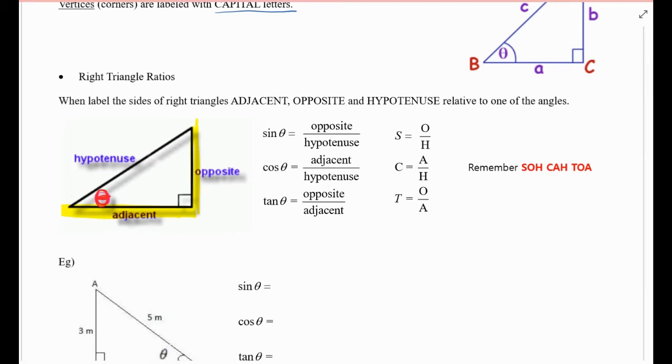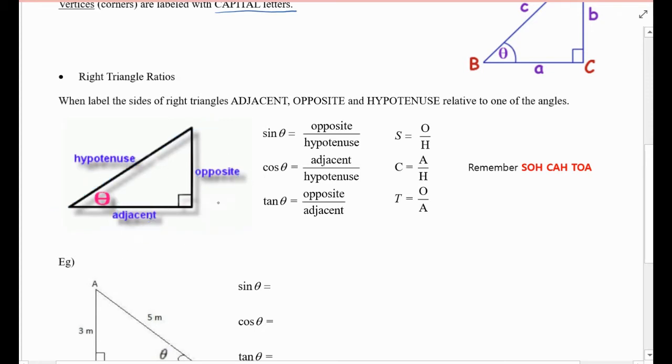Then some of you might ask me, Miss Lee, this side is also attached to this angle theta. But what do we call this? Can we call this one adjacent? No, we don't call this side adjacent, because this is a special side, because it's the longest one. If you look at adjacent and opposite, both are shorter than this side, right?